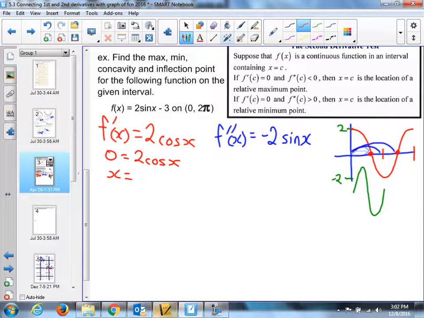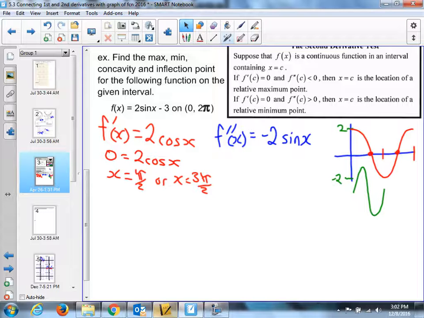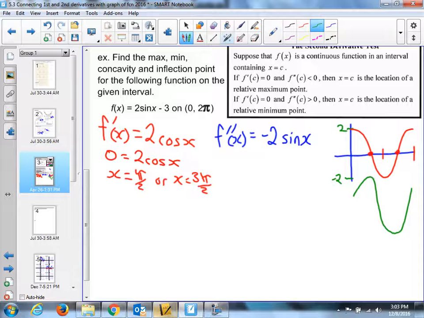So x equals pi halves, or x equals 3 pi halves. So those are our critical numbers. And you already know where the maxes and mins are, right? Now, if I drew this better here, you can sort of see it match up, right? Okay, that's still pretty crappy there, but anyways, I'm just having a hard time drawing today.